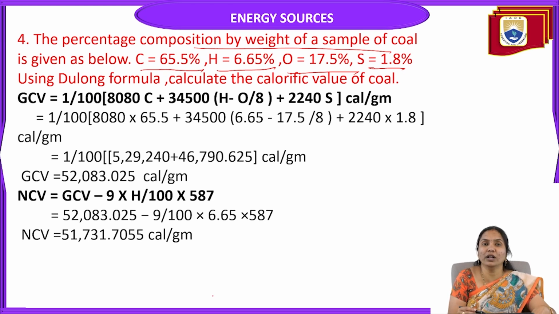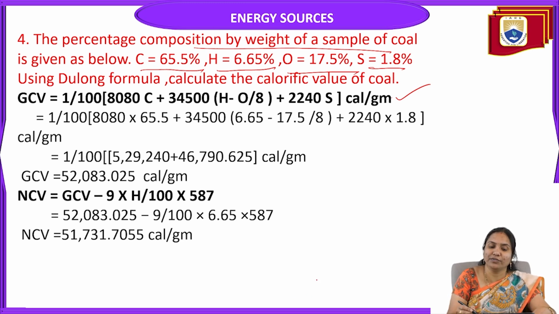What is Dulong's formula of gross calorific value? According to Dulong's formula for theoretical calculation of gross calorific value of fuel, GCV equals 1 by 100 into 8080 carbon plus 34,500 H minus O by 8 plus 2,240 sulfur, calorie per gram.